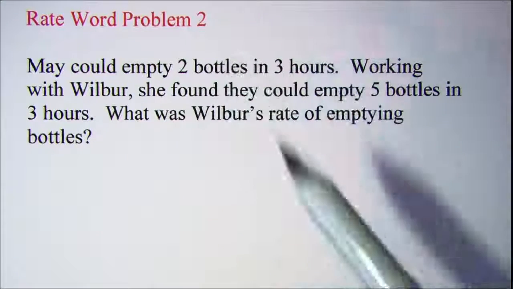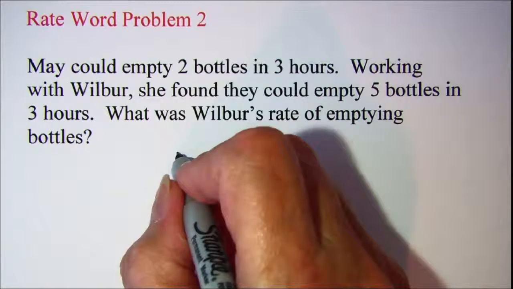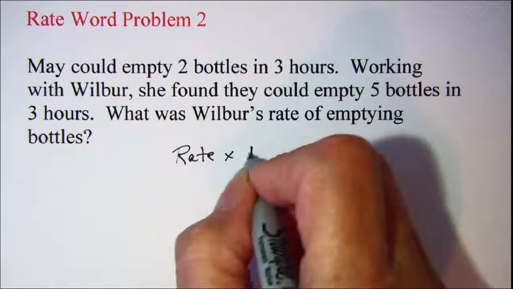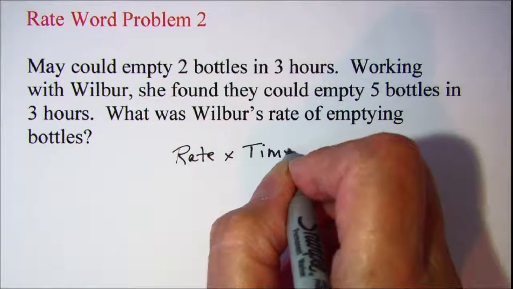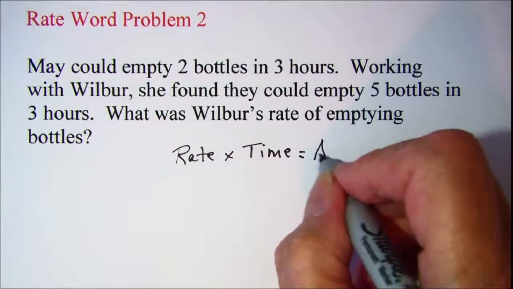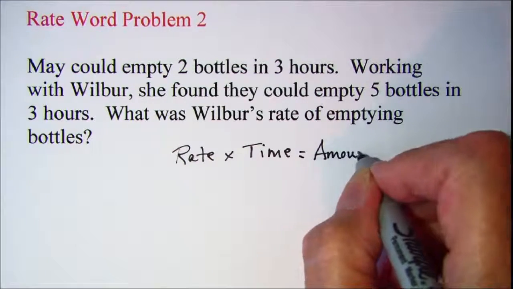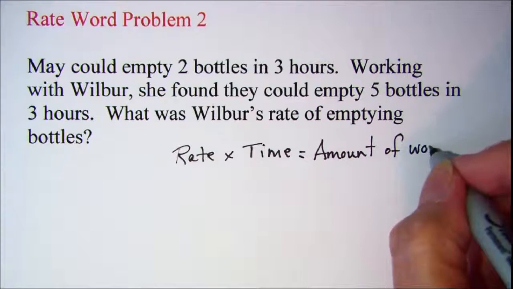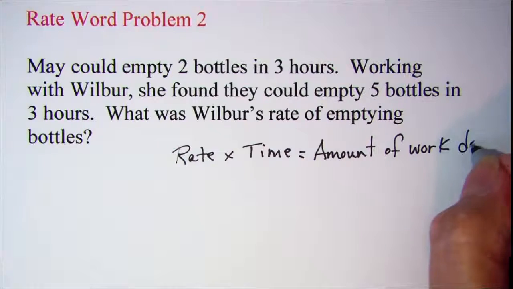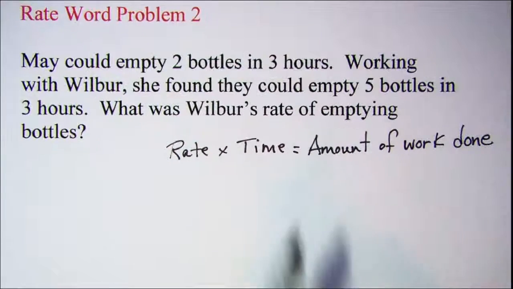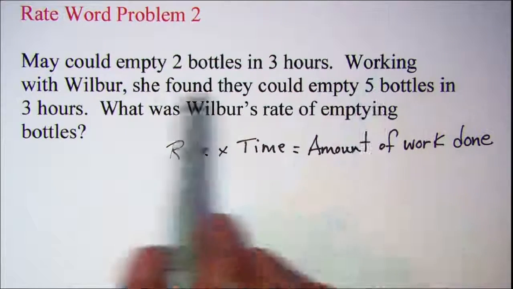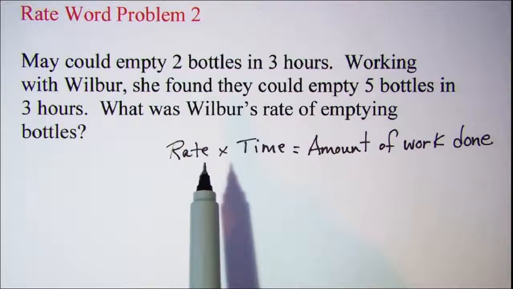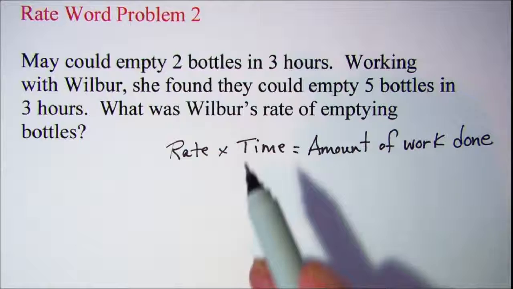Now, to work this problem, we need to use the idea that rate times time equals amount of work done. Since we have 2 people working together, May and Wilbur, we're going to add their work together to get the total amount of work done.